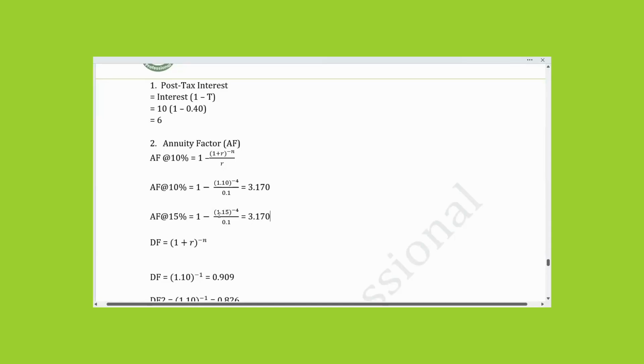So bring out your calculator. You are going to start from the brackets. So you type 1.15 raised to power minus 4, then minus 1. Press equal to. You then divide by 0.15. So what do you have in your calculator, Emeka? What did you get?